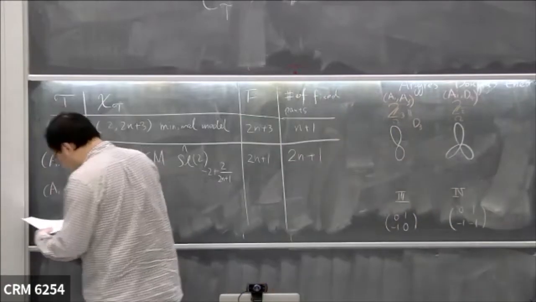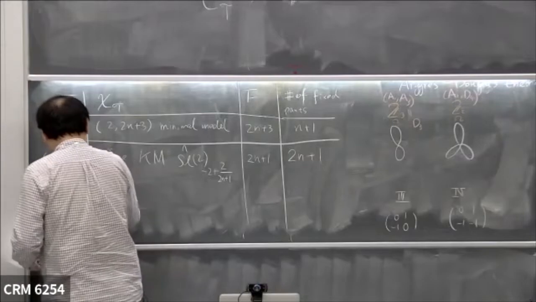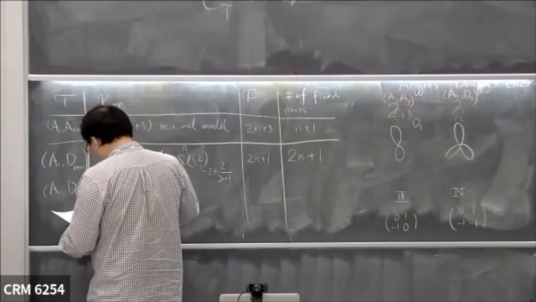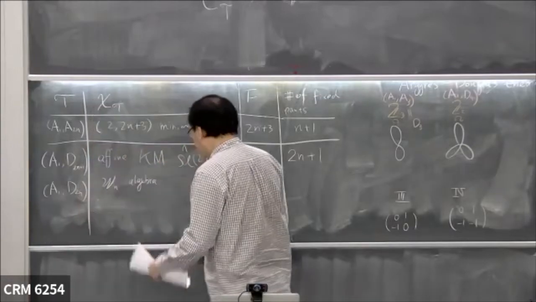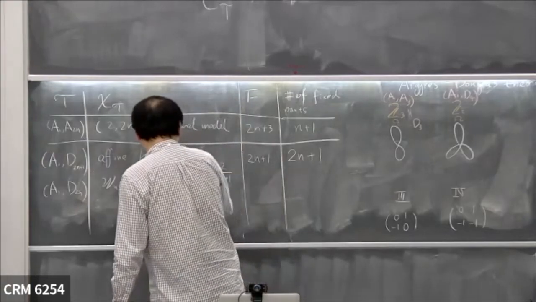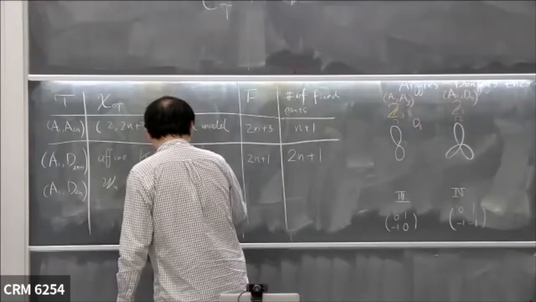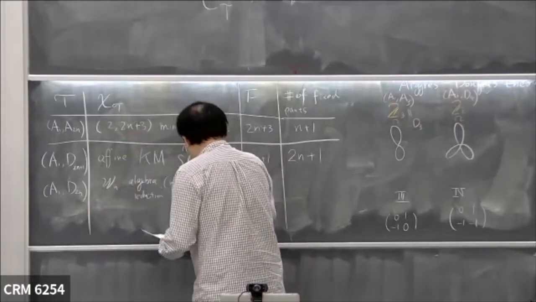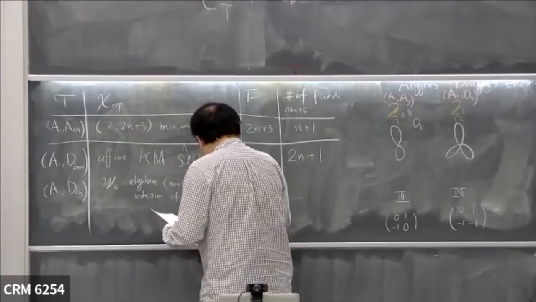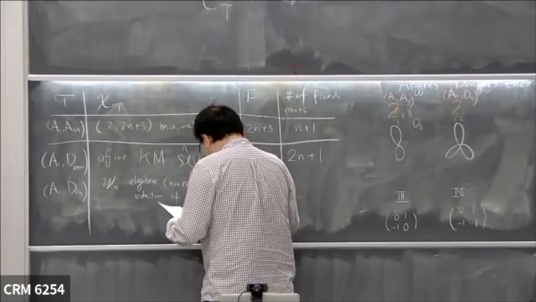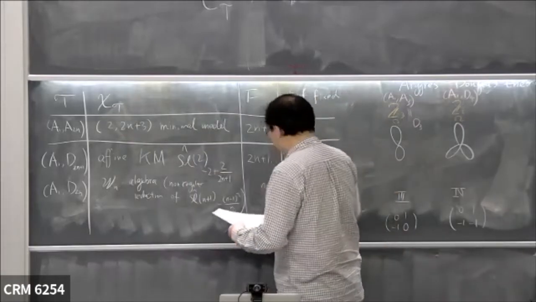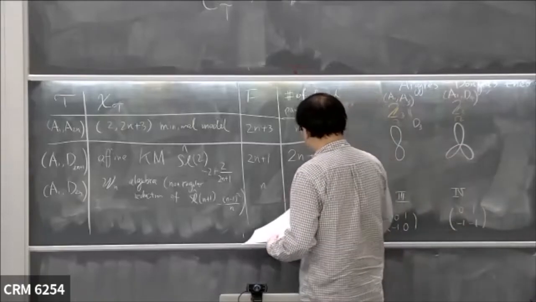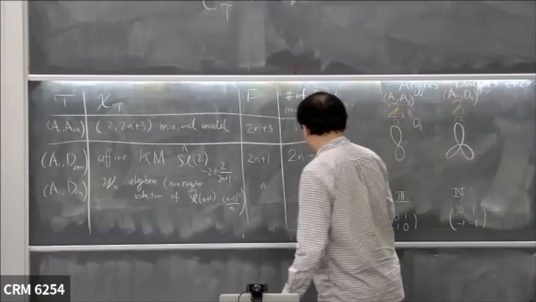And then for A1, B2n, the algebra in this case is a certain Wn algebra. It's some non-regular quantum Hamiltonian reduction of SL n plus 1 at level -(n+1) squared over n, and F here equals n, and the number of fixed points here equals n squared.